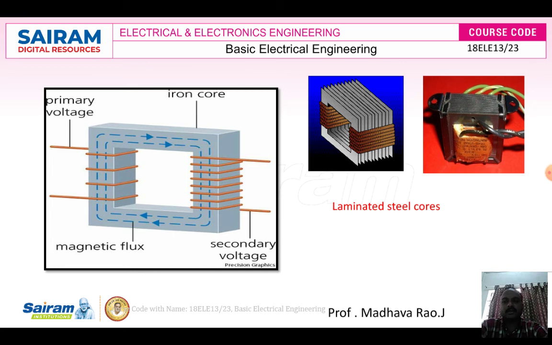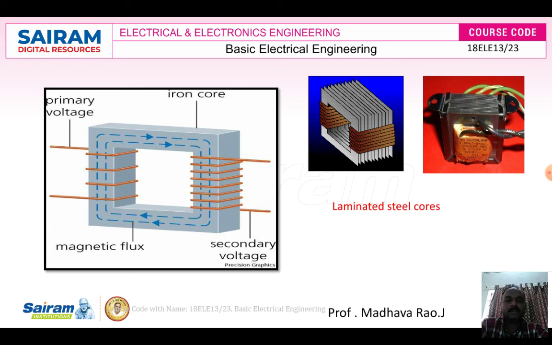You can clearly observe the magnetic flux linking from the primary winding to the secondary winding in figure number 1, and laminated steel cores to reduce the eddy current losses in the transformer. We laminate the core with silicon steel varnish.